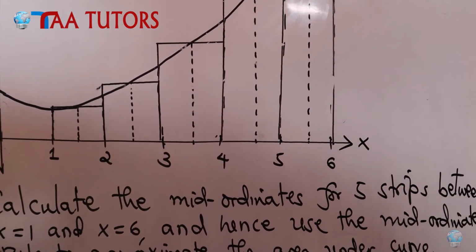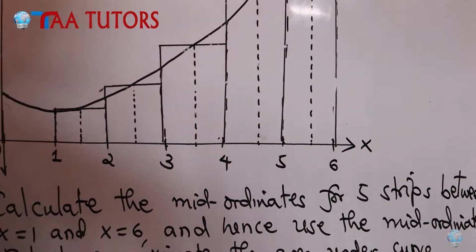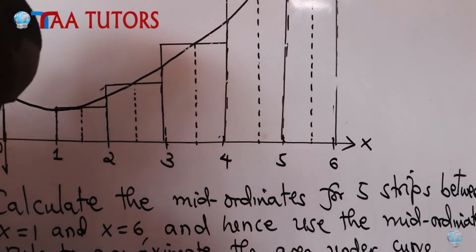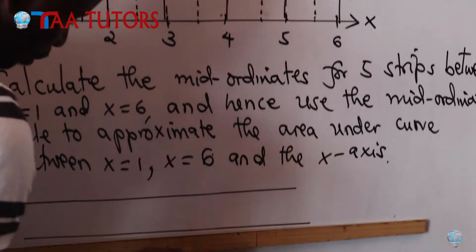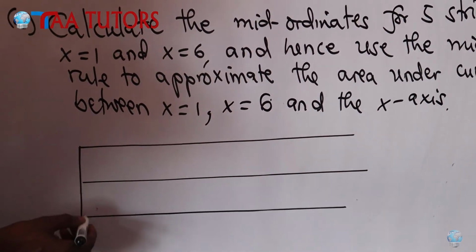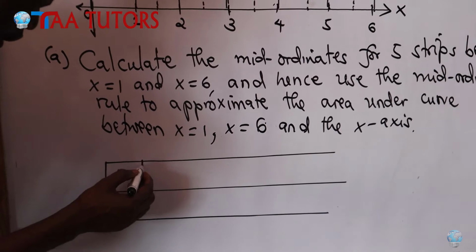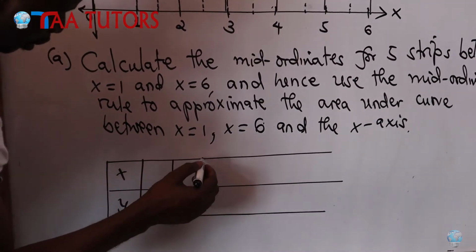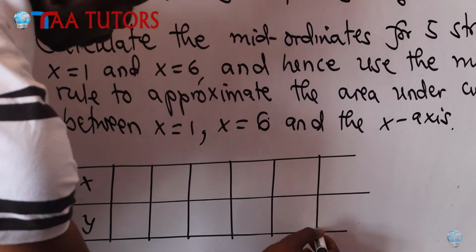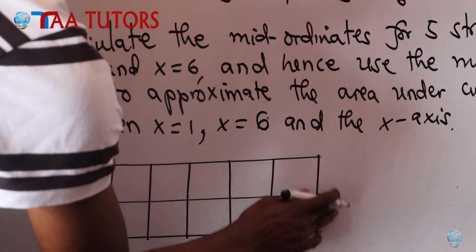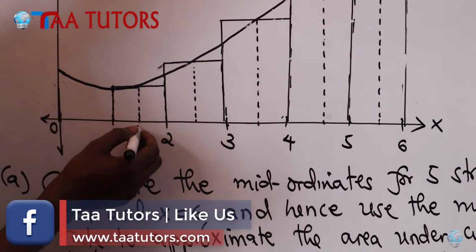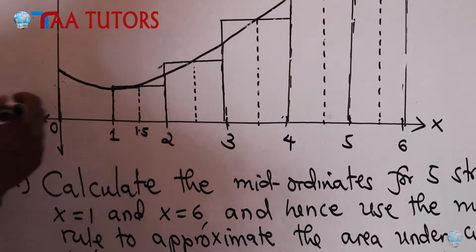So for us to find the mid-ordinates, we just have to draw a table of the mid-ordinates. In this table, this is y, 1, 2, 3, 4, 5. So in this diagram, the first mid-ordinate is here, this should be 1.5.